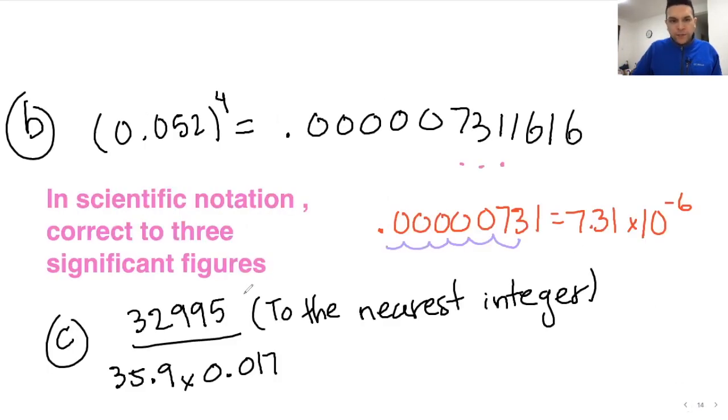And C, this one to the nearest integer, okay? 32,995 divided by 35.9 times 0.017. All right, and this is part 2 of lecture number 1, the real number system and scientific notation.